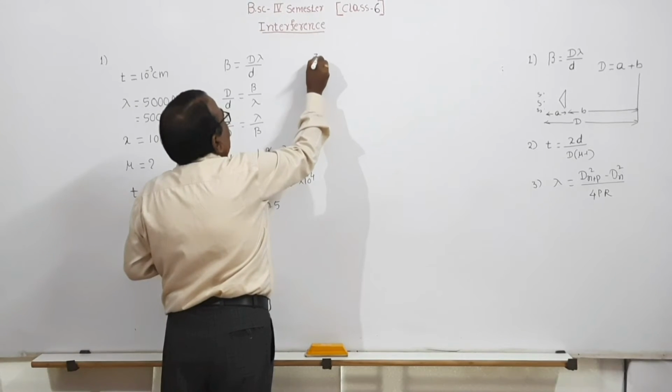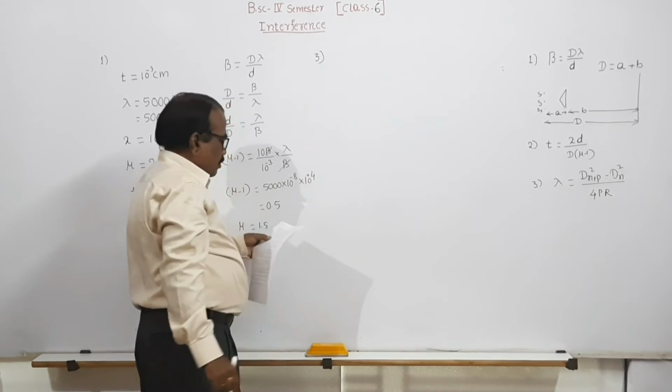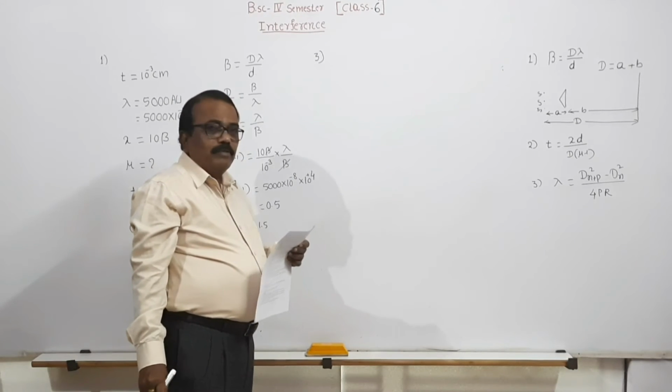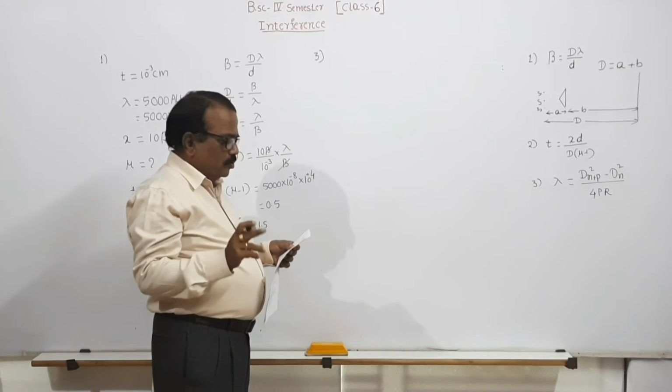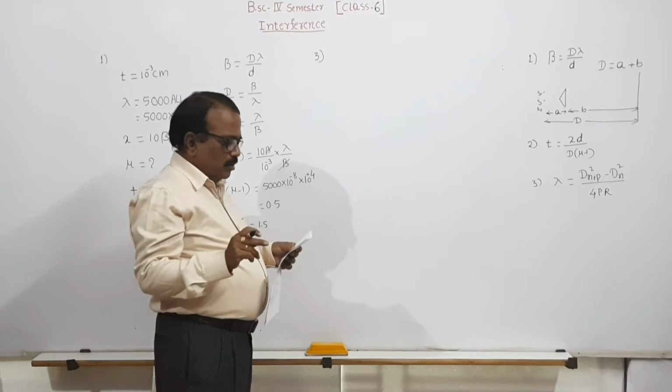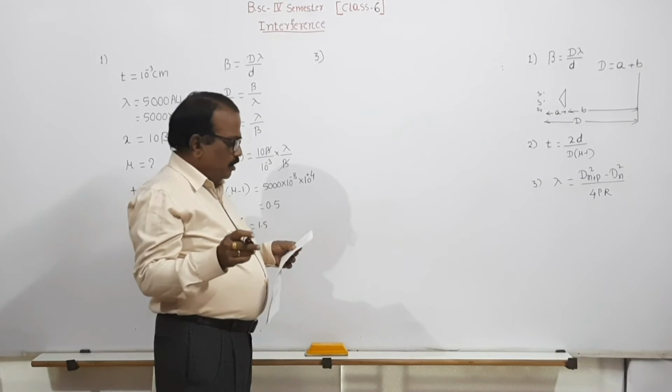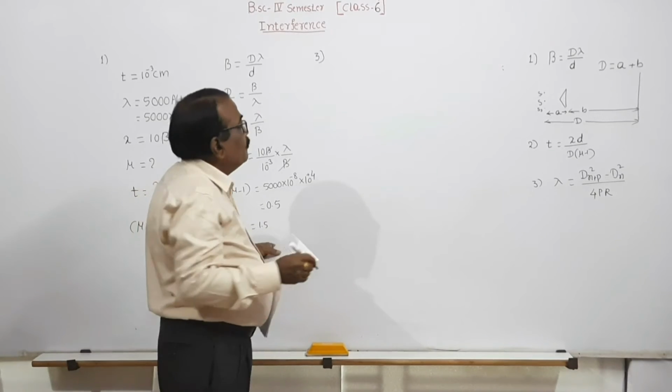See on page 17, Problem 3. In biprism experiment, at a certain position of the eyepiece, the fringe width obtained is 0.2 millimeter.